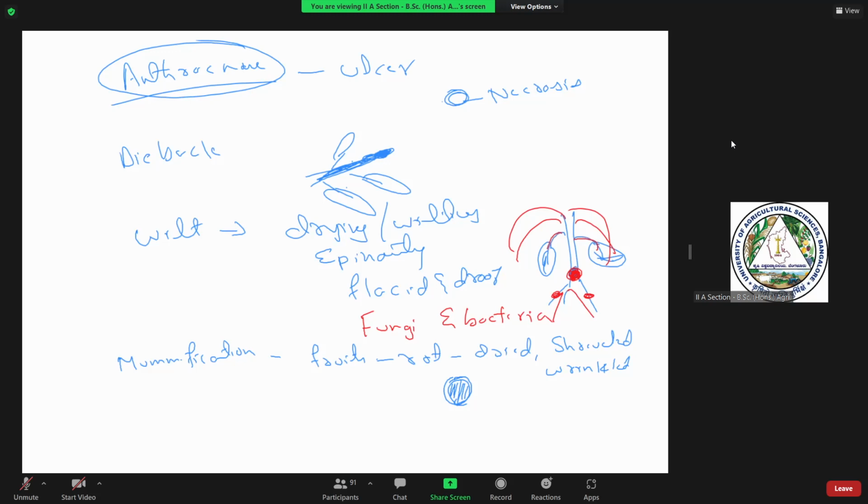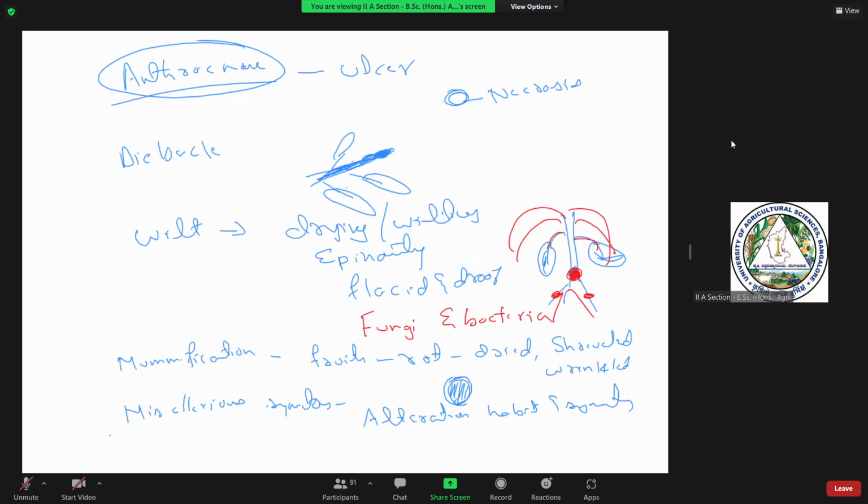We have some miscellaneous symptoms. Some of them we see as alteration in symmetry or in habit.